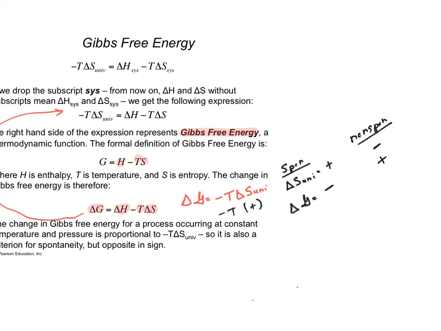Spontaneous processes with entropy change of the universe have positive values. We're going to switch gears and we're going to say, well, actually, we're going to measure this via delta G, via Gibbs free energy. Spontaneous processes with respect to delta G have negative values overall, okay? Non-spontaneous processes with respect to delta G have positive values overall.